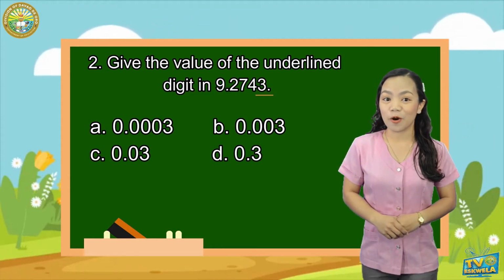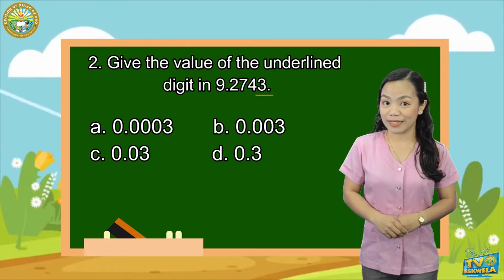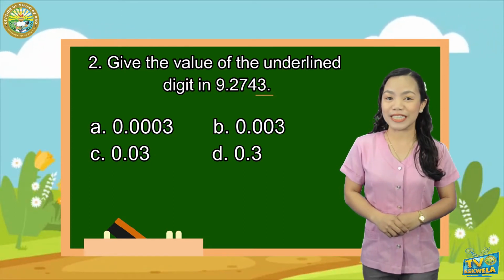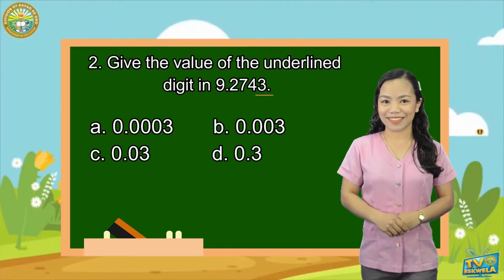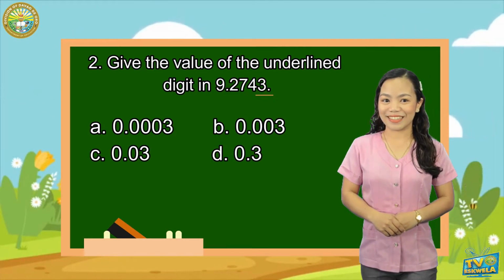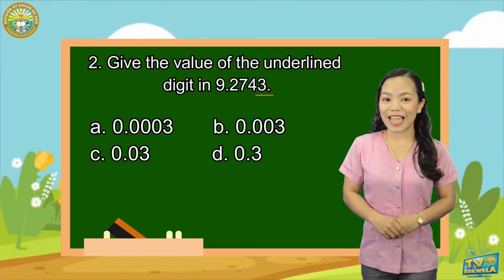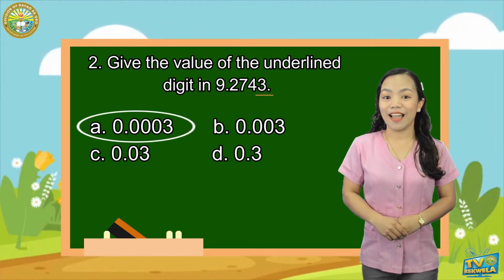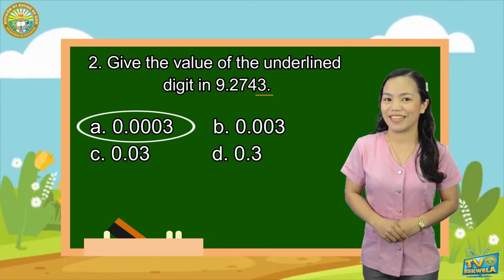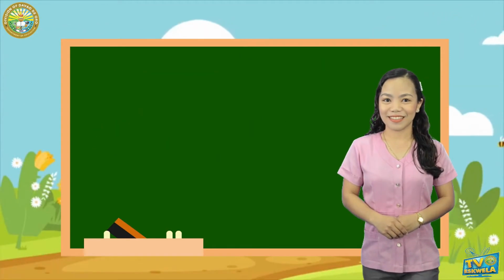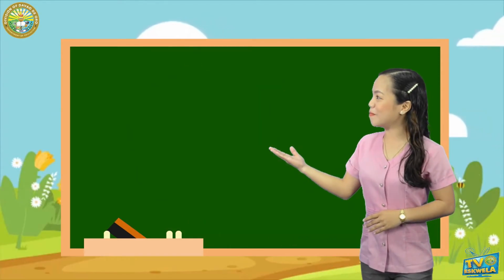C. 0.03. Or letter D, 0.3. The correct answer is A, 0.0003.